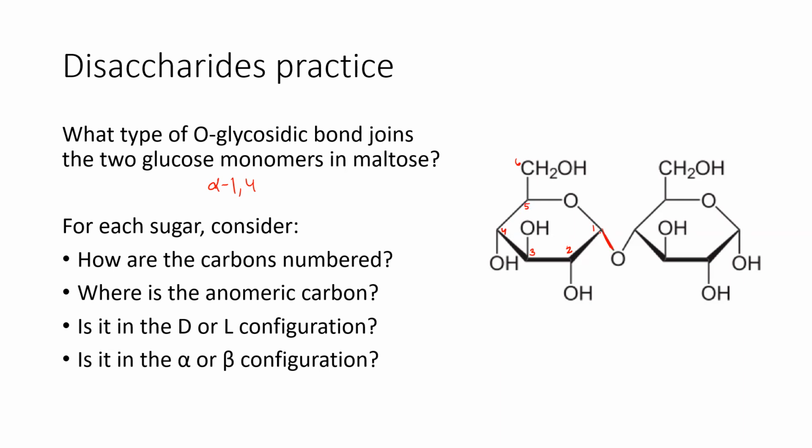That's the first part of the name of our glycosidic bond: alpha 1. Then the question is, where is it bound to on the second sugar? If we start counting the carbons in our second glucose molecule, we see that we're bonded to carbon number 4. So we can call this bond an alpha 1,4 bond. Does anyone have any questions about how we got there?